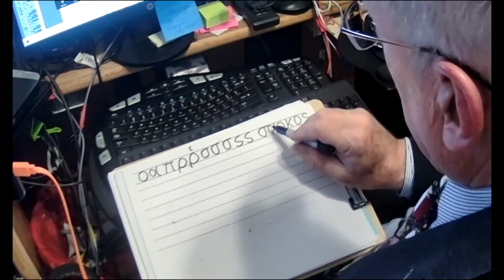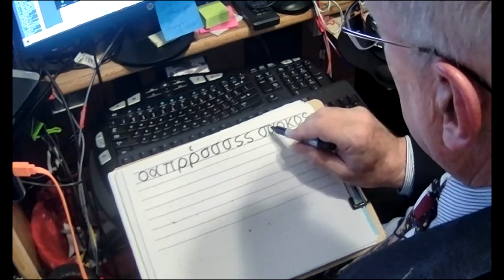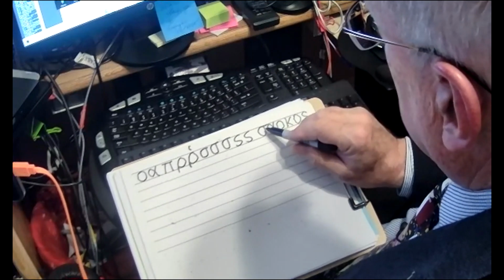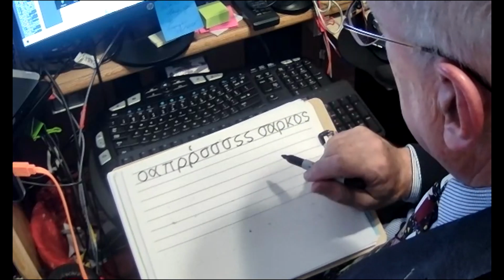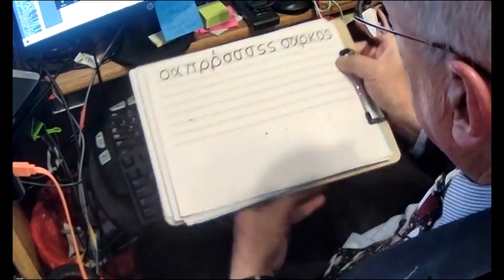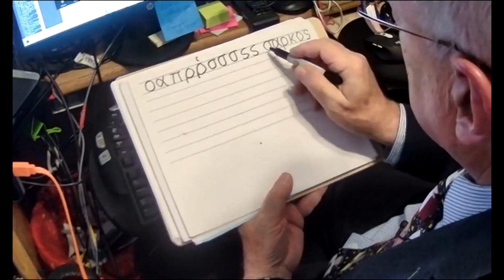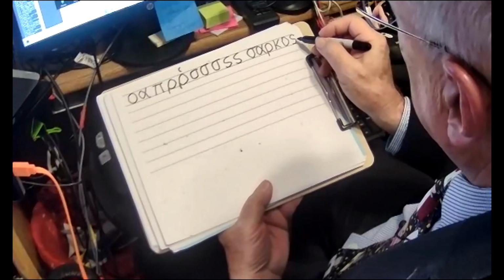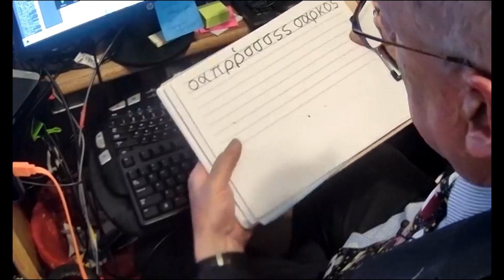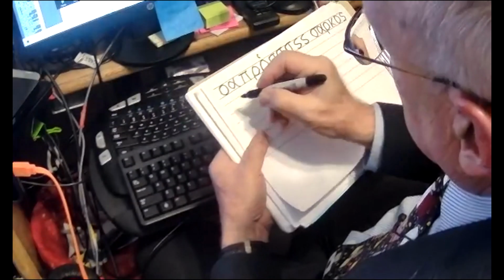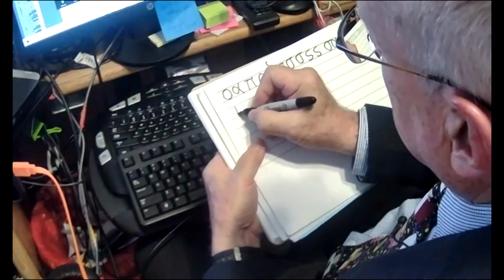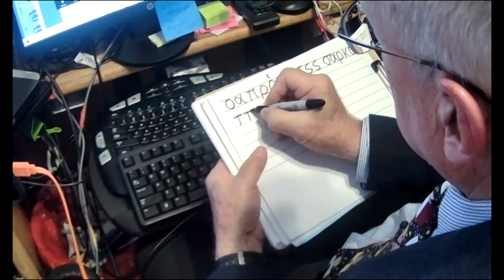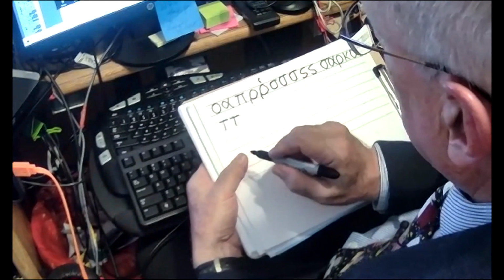So alpha and omicron, here are the two vowels, and sigma at the beginning, sigma at the end, but they have two different shapes. Sigma at the end looks like an English S. And then to complete the alphabet, we still have tau, which is like the English T and is the same size as alpha.